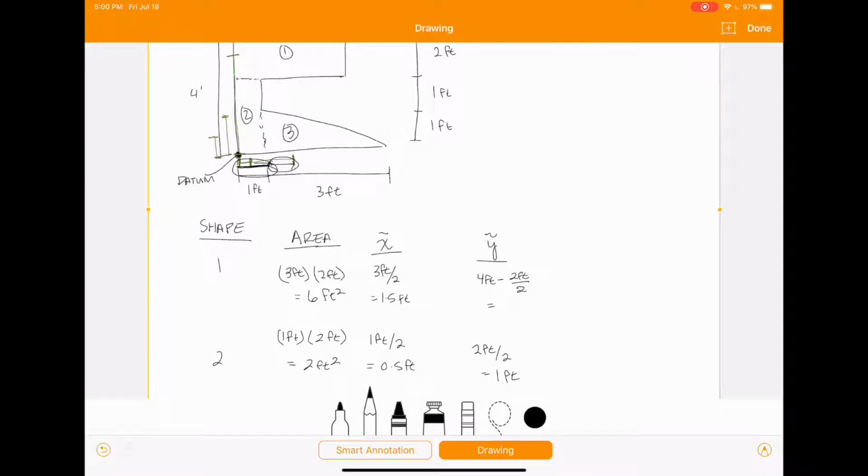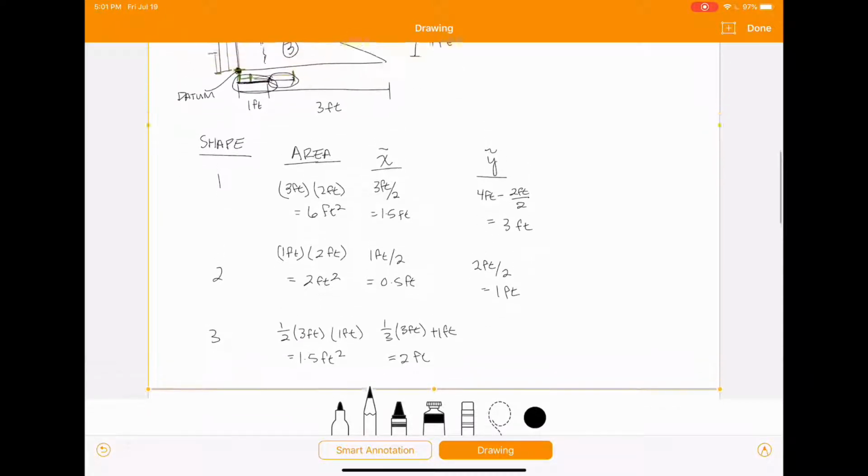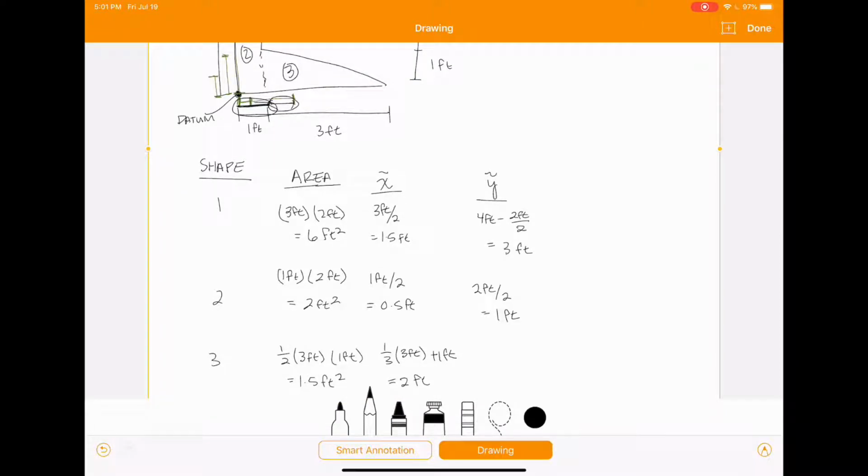And if we do the math up here on shape 1, that's going to be 3 feet. And then, of course, for shape 3, we're going to have 1/3 from the flat end, so 1/3 of its height. 1/3 of 1 foot equals 0.33 feet.